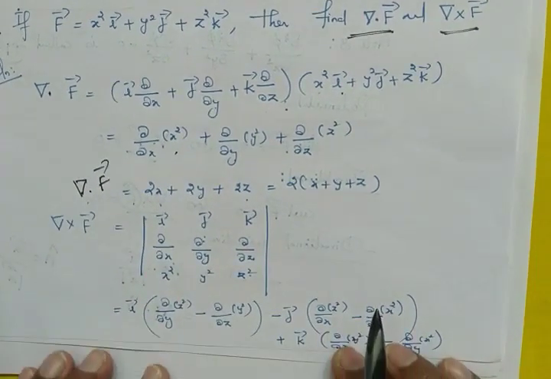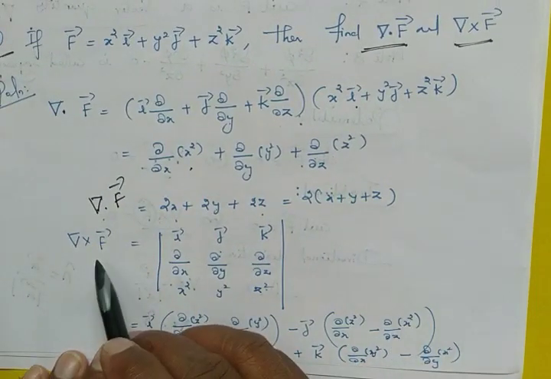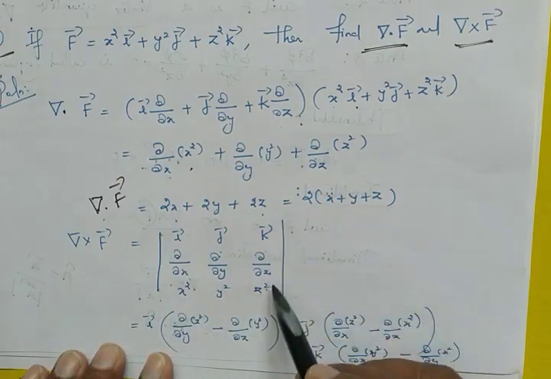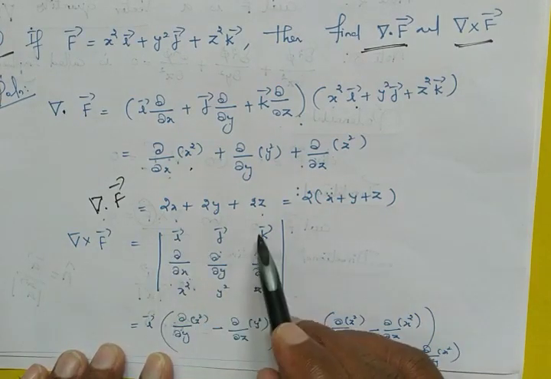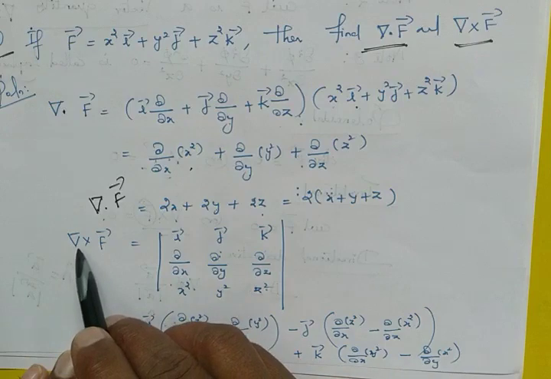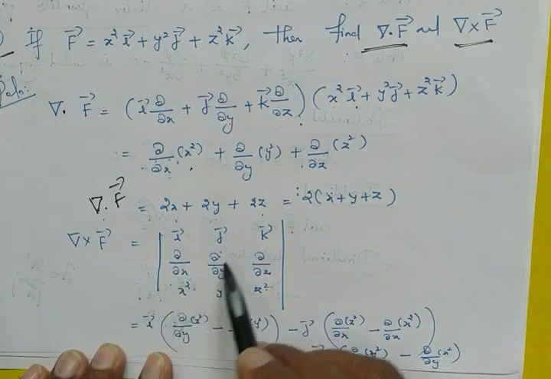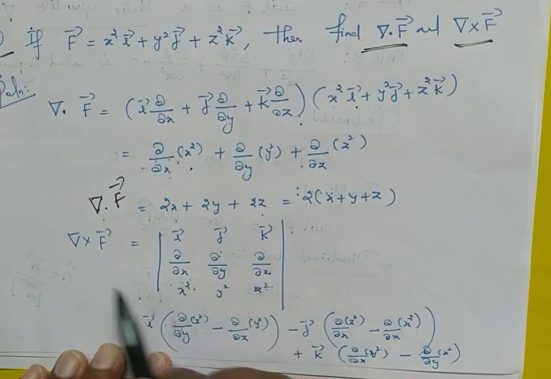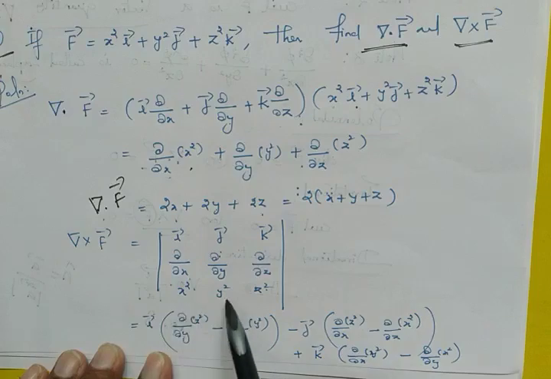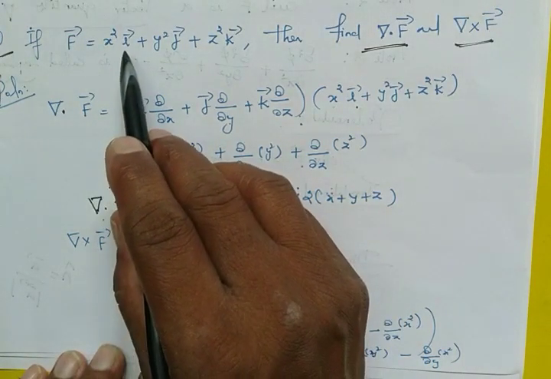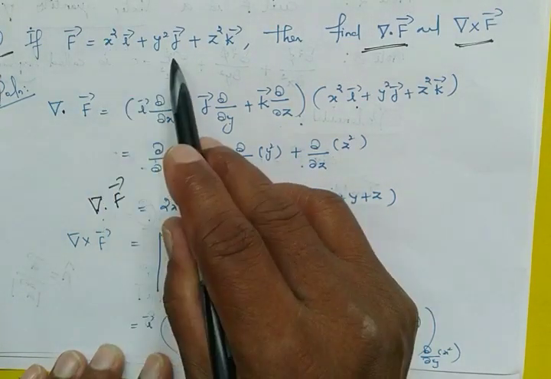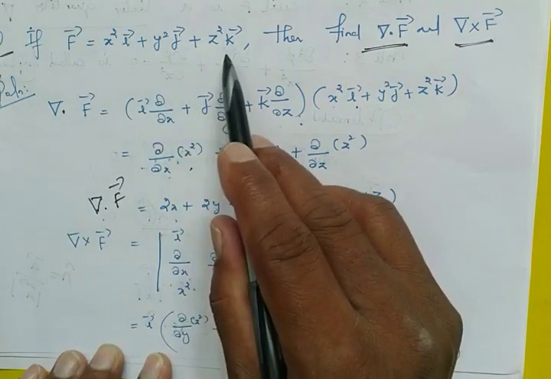Similarly, at the time of finding del cross f, we take the determinant form: i, j, k, then dou by dou x, dou by dou y, dou by dou z, and the f vector components x square, y square, z square.